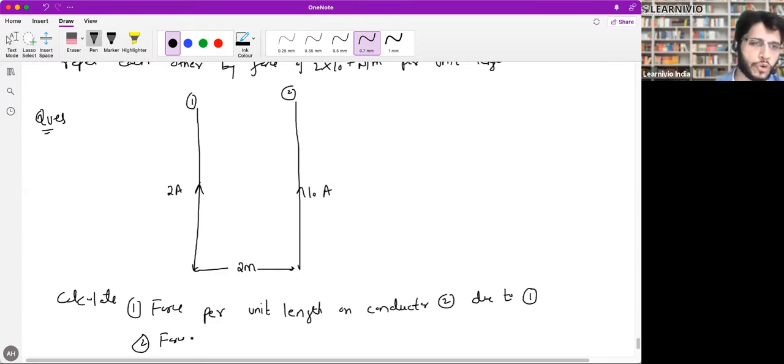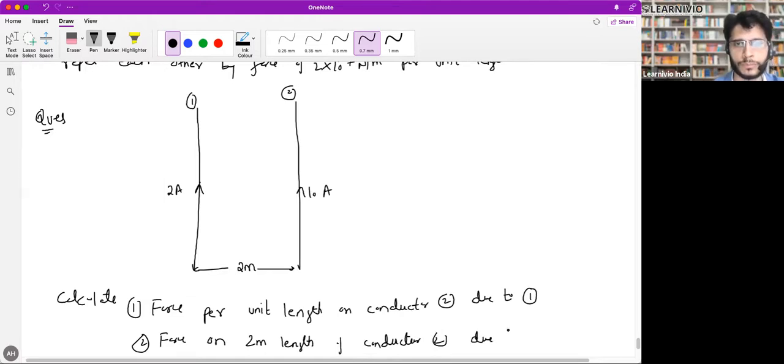Next, force on 2 meter length of conductor 2. Do it and write your answer in the chat room.